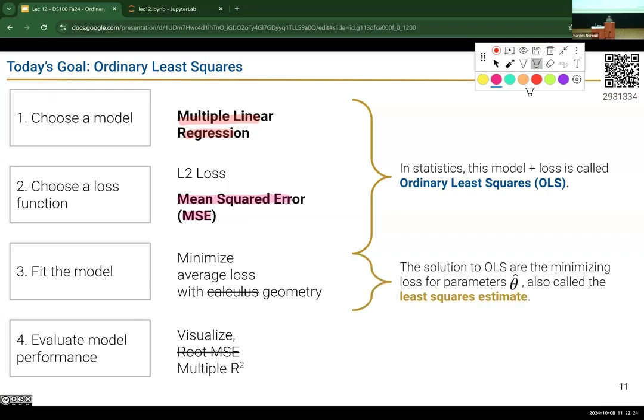So what we will do as the third step is going to be doing the estimation, right? We fit the model, we have the objective function, we have the model, and we will go through a process that's called least squares estimation in order to derive the optimum set of parameters.